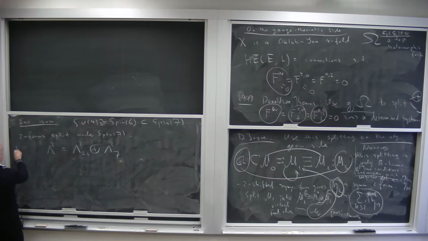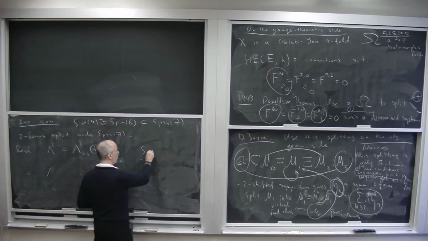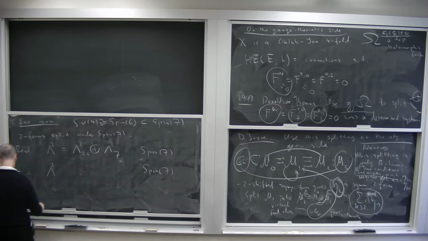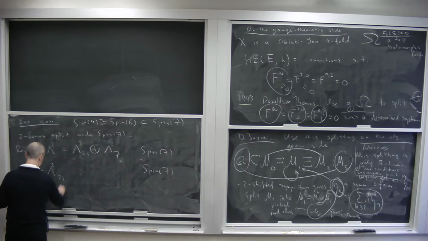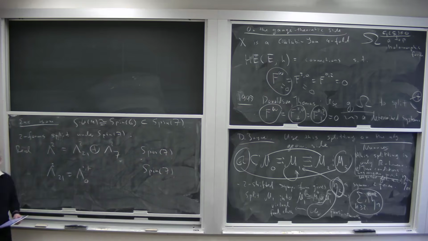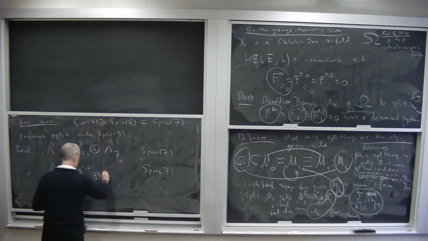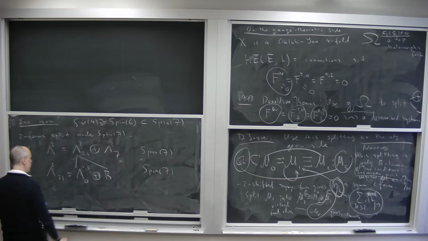Now, this is the real splitting. If we take the same splitting, but now for Spin 6, which is the same as SU4, then this part splits further into the real primitive part, plus something, B. This is again the adjoint representation, dimension 15.